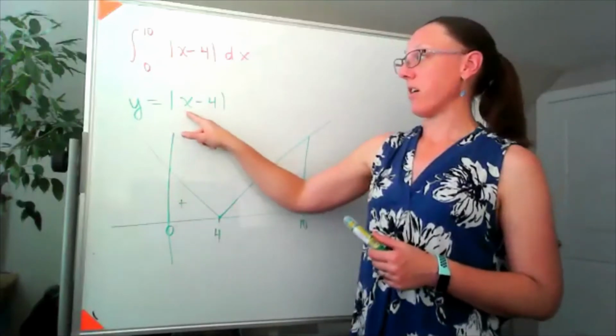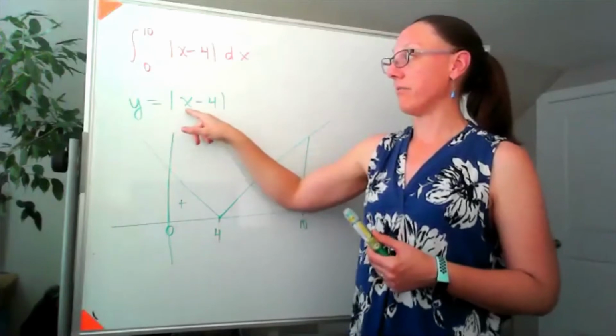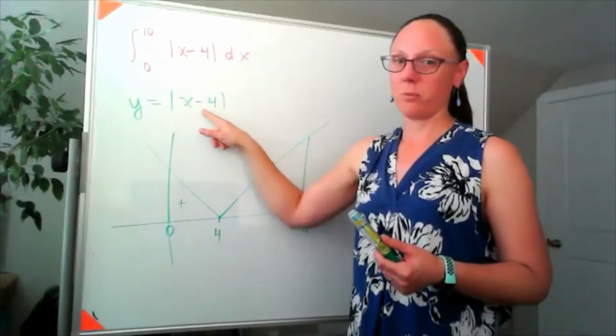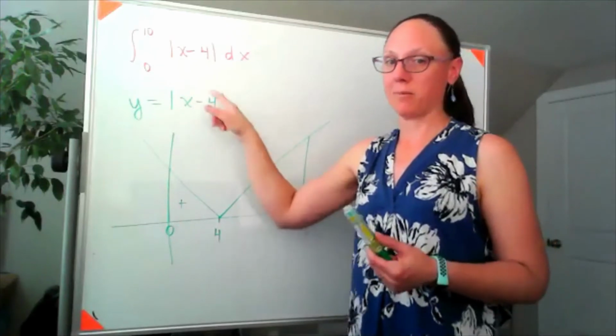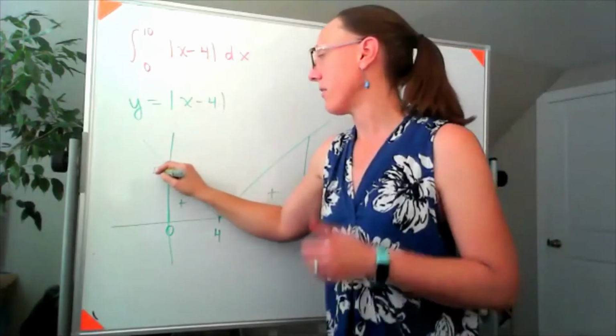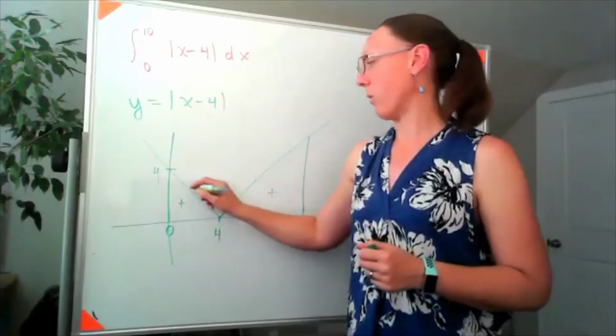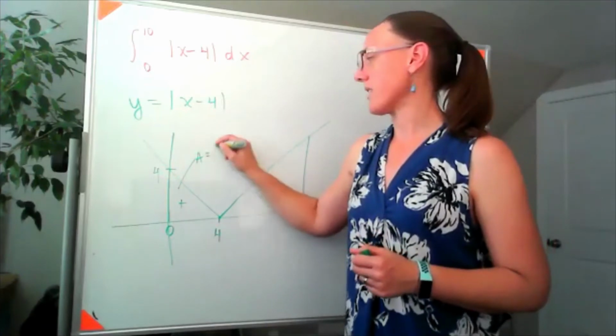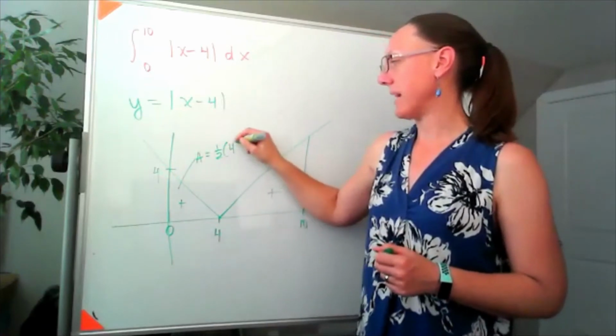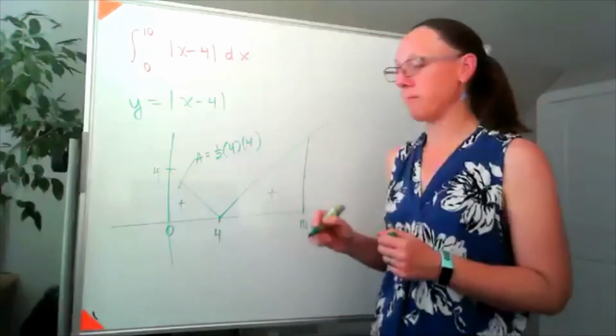When x equals 0, 0 minus 4 is negative 4, and the absolute value would make that positive. So that means this triangle has a base of 4 and a height of 4. So this area is going to be 1/2 that base times that height.